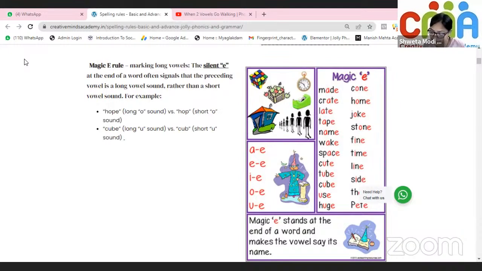Can you please write your name as well here? You get 10 points for giving me five words with five long vowels having magic E. Okay, that was a typing error. No problem, Vanita, so your word was cane. Charu, hi Charu, how are you? Great.